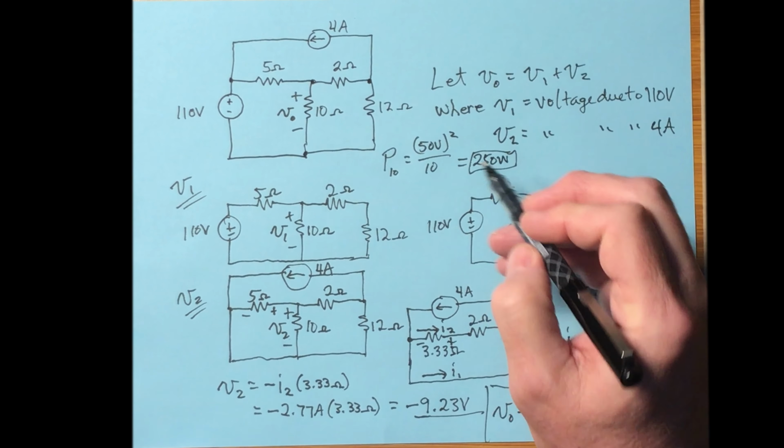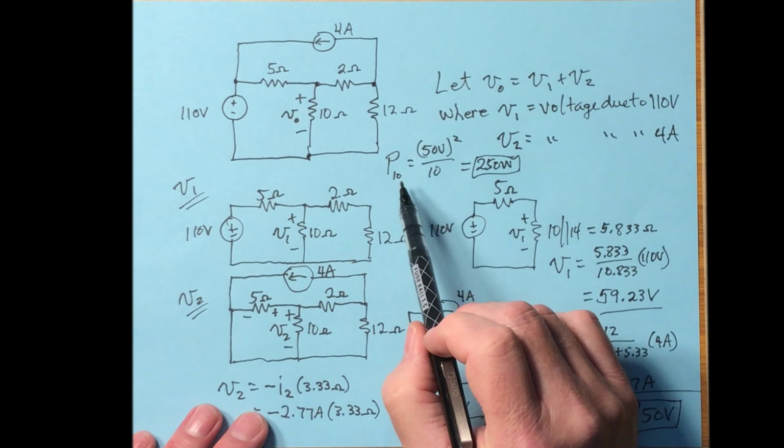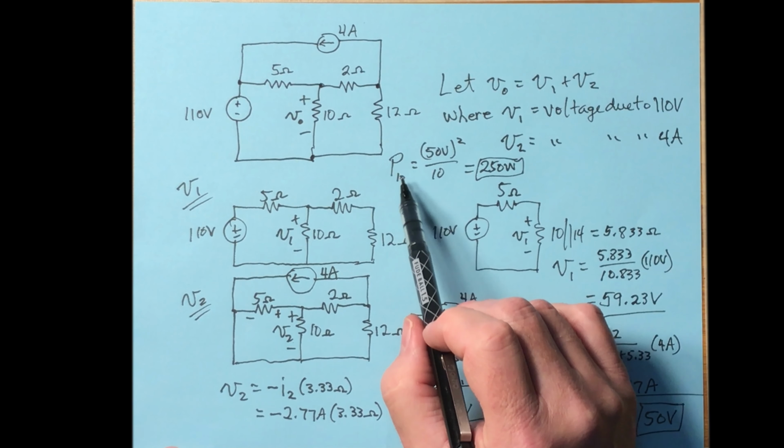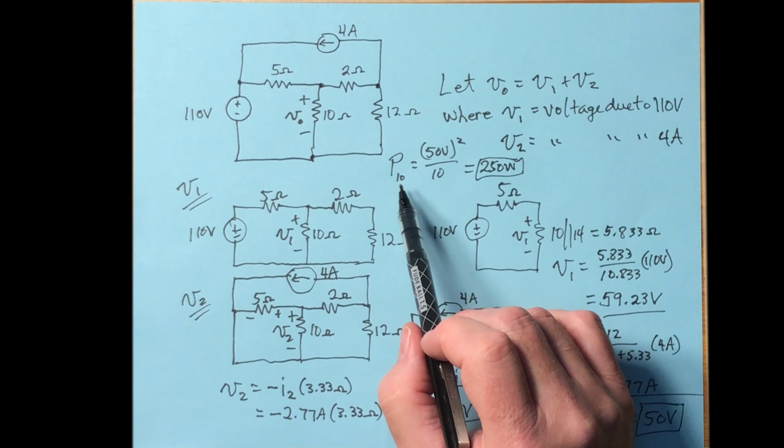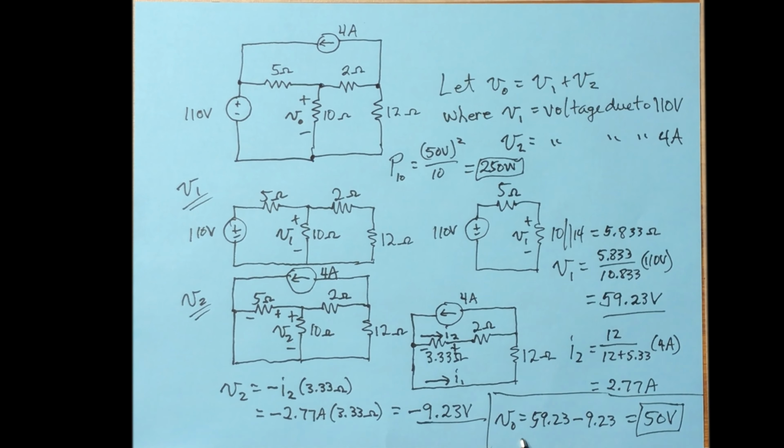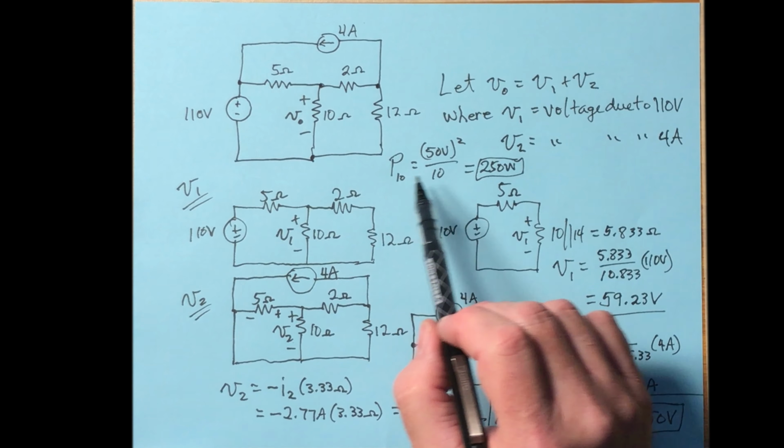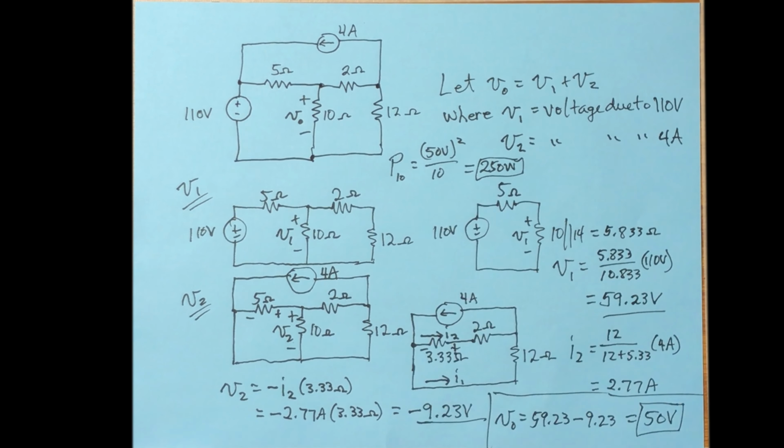Now, we weren't asked for that, but the point here is you cannot compute power 1, power 2, and add the powers together, but you can do that with the voltages, and then as a last step, you can figure out what the power is based upon that voltage.